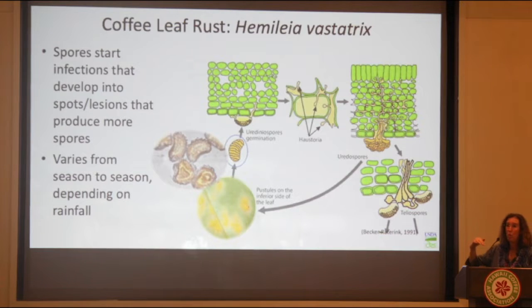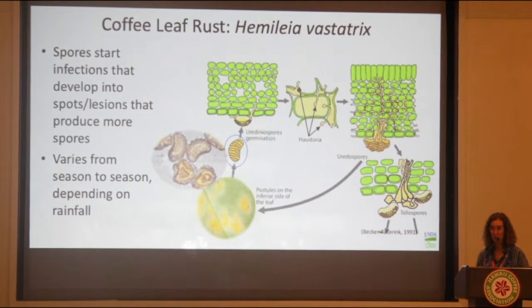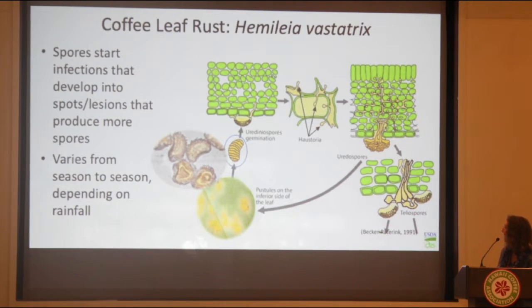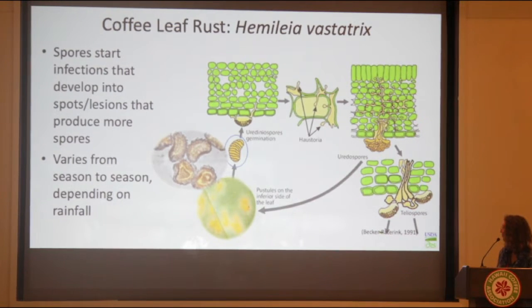It then grows back outside of the stomates and starts to produce structures that make hundreds of thousands of spores, which then easily spread around and can start new disease cycles. The disease does vary from season to season based on the environment, particularly rainfall.